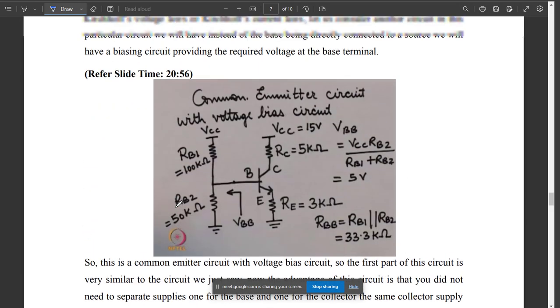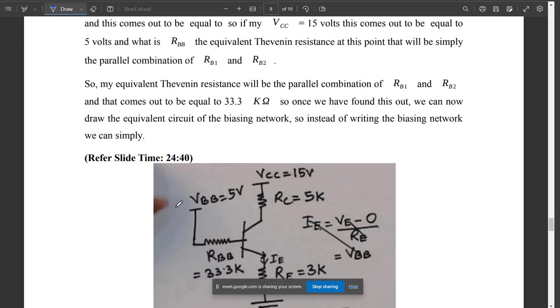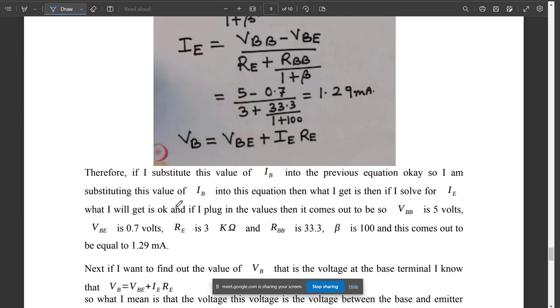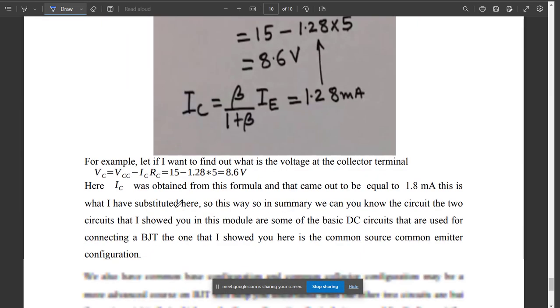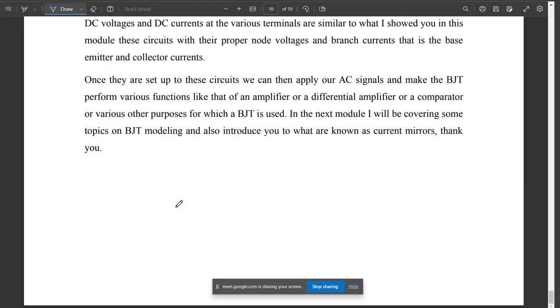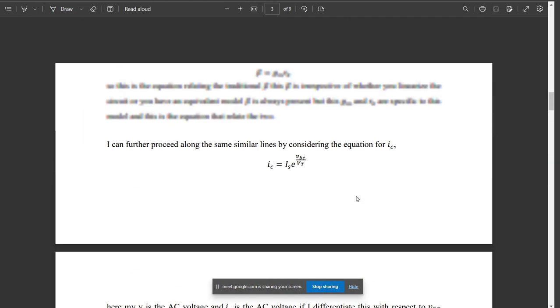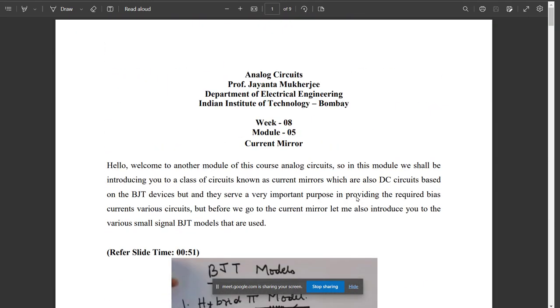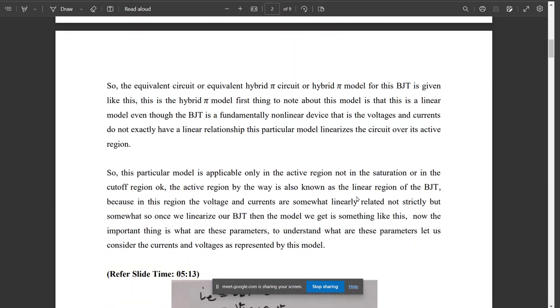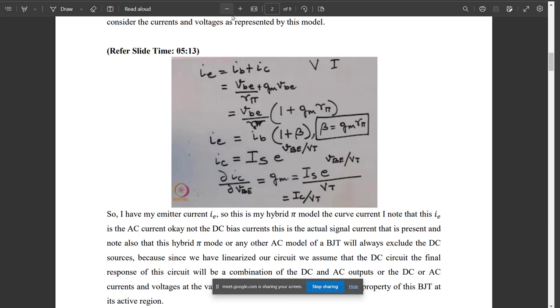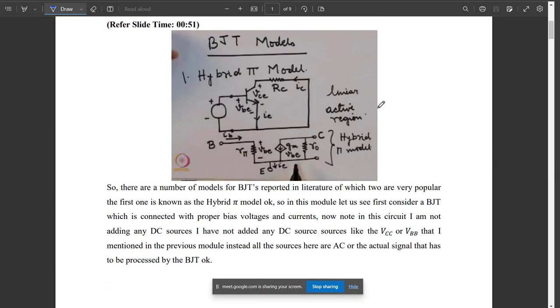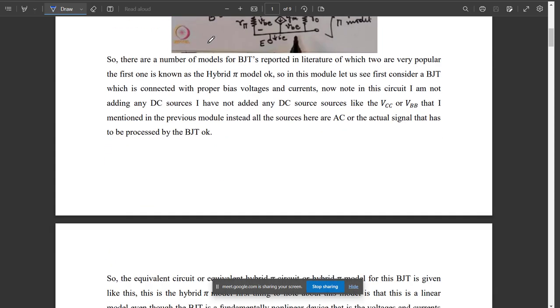It is in lecture number 41. So here, this is for hybrid pi models for BJT, right?